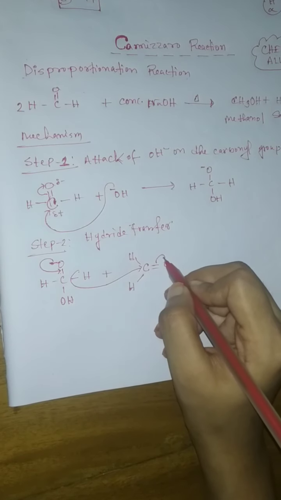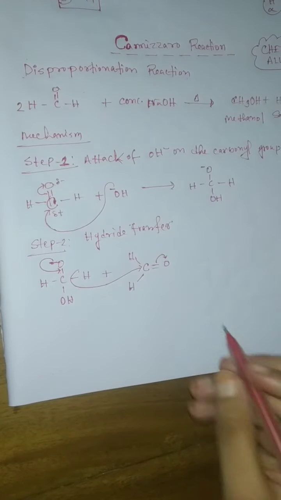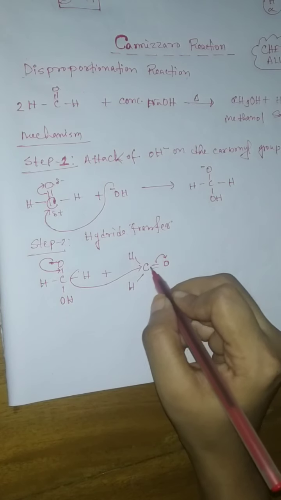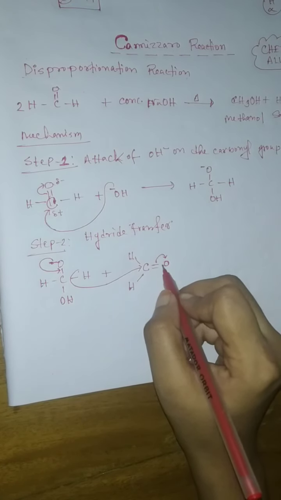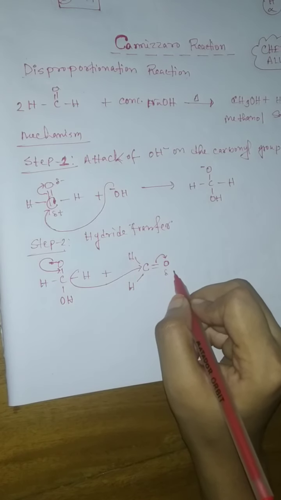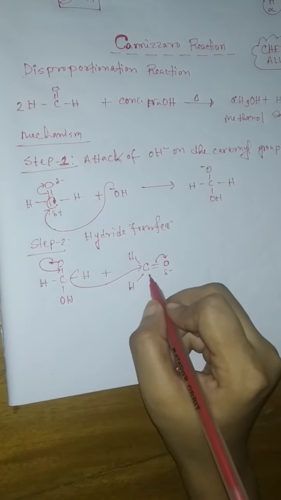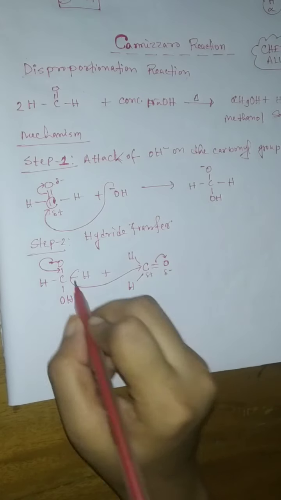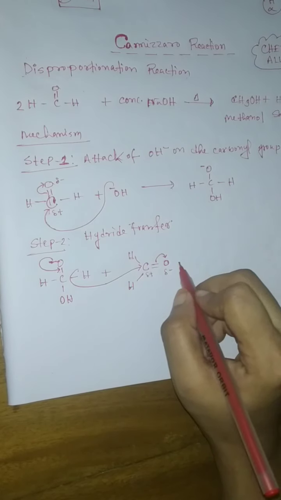How does this carbon react in this way? Since this oxygen is more electronegative than this carbon, oxygen will pull these two electrons, and that will be partially negatively charged, and this partially positively charged, and this hydride will be attached in this way.